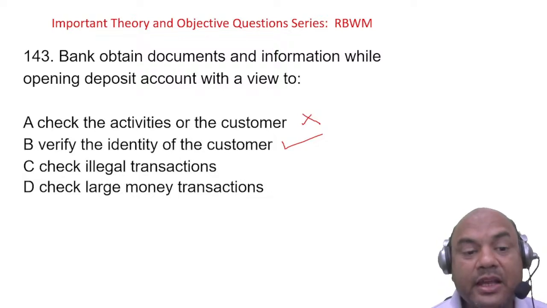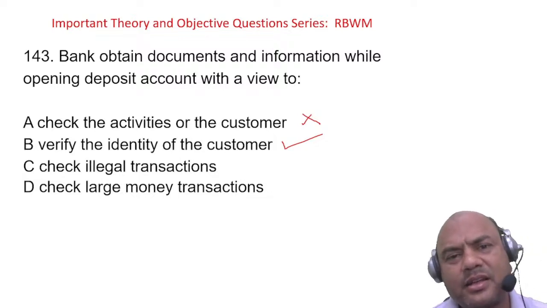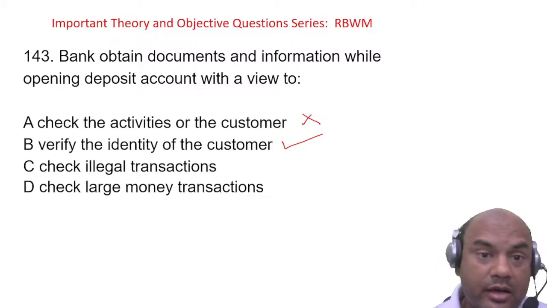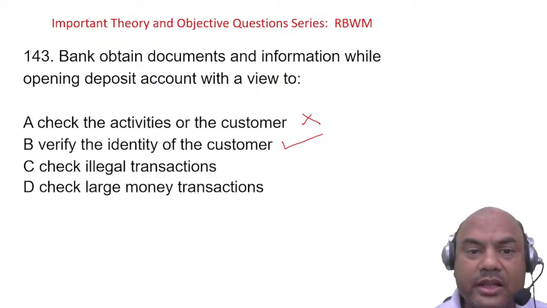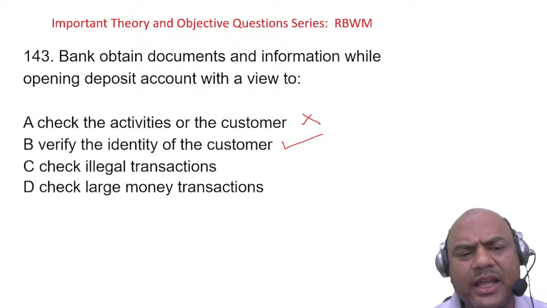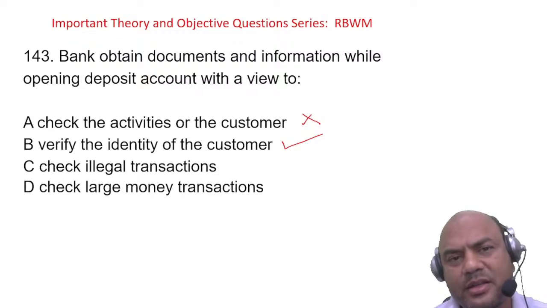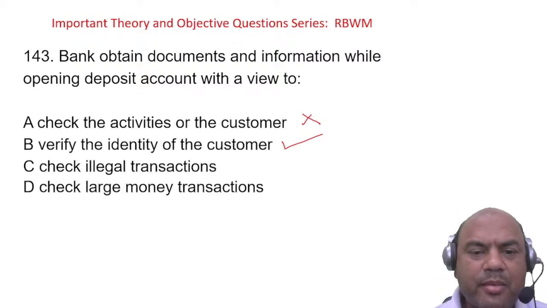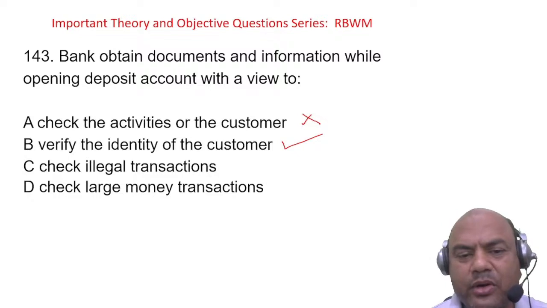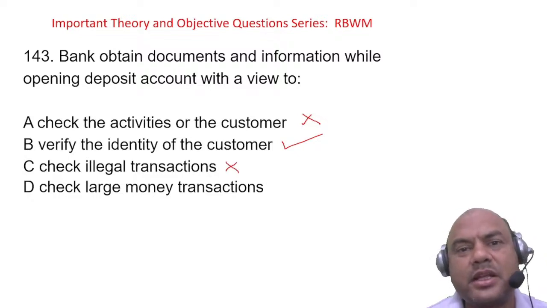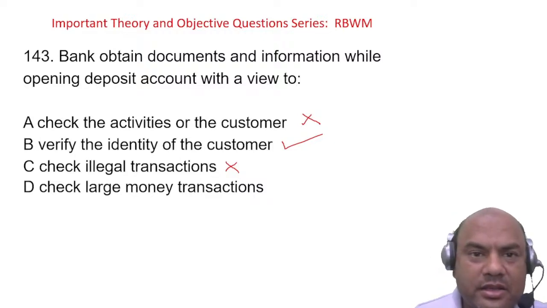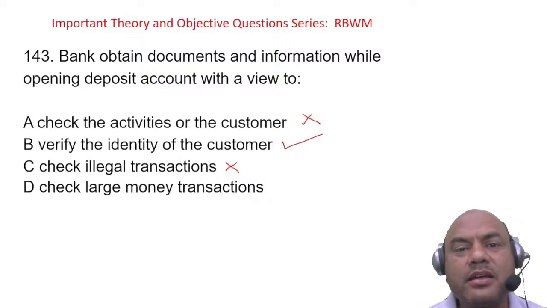Okay. Illegal transactions. How can I check the illegal transactions? Now it's possible. Nowadays the online transactions and social media are so strong that I can check somehow or the other, some part I can check. But practically from your exam point of view, the answer is wrong. Why? Because I can't check the transactions of this customer. If a new customer comes to me in the branch, I can check whatever he has done earlier.